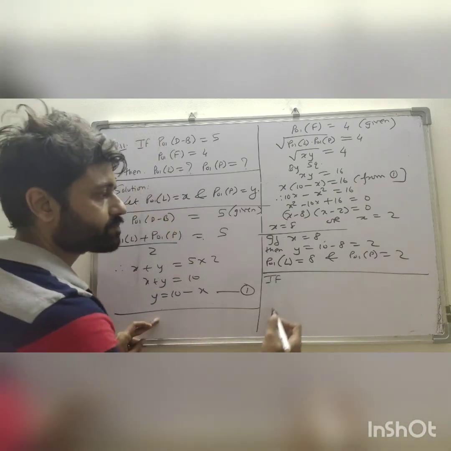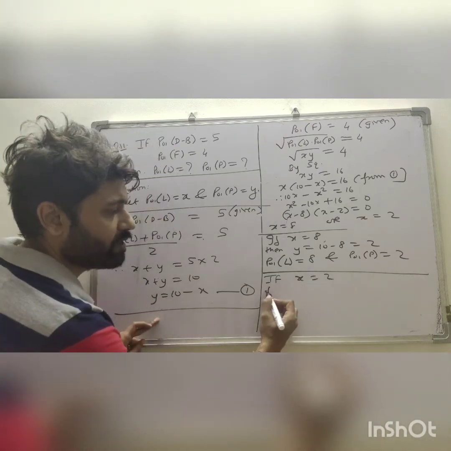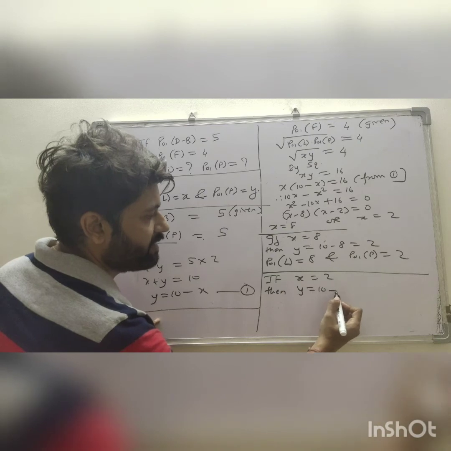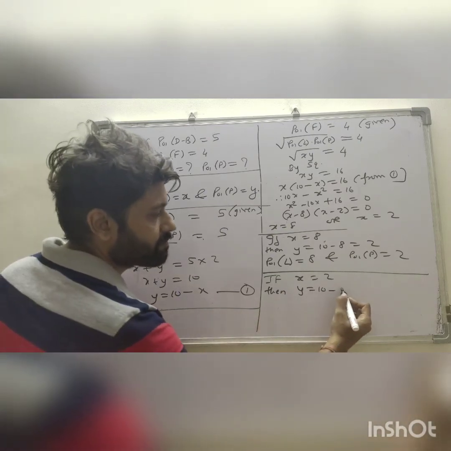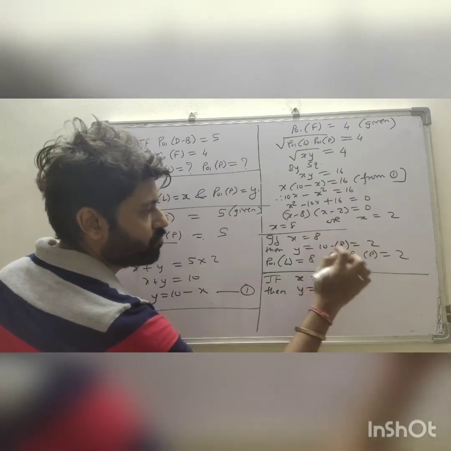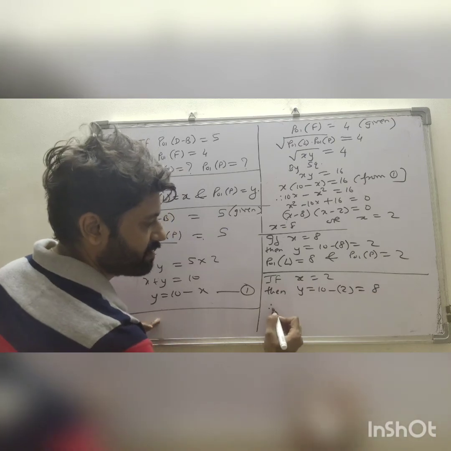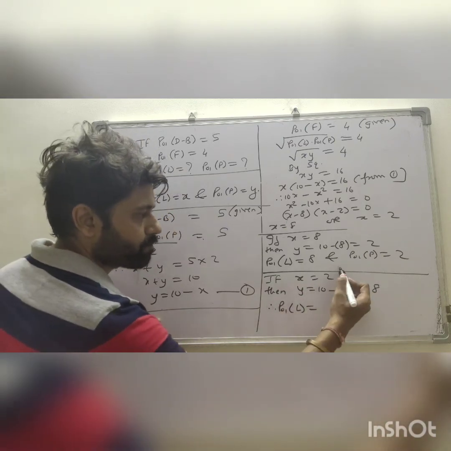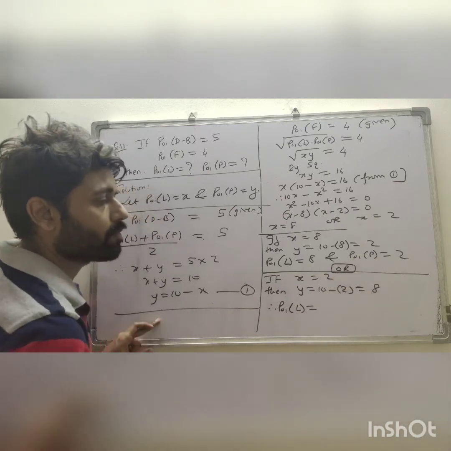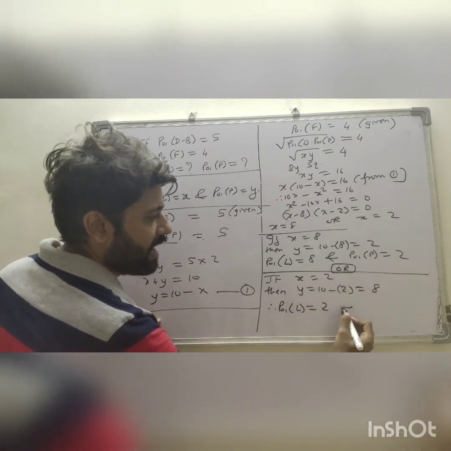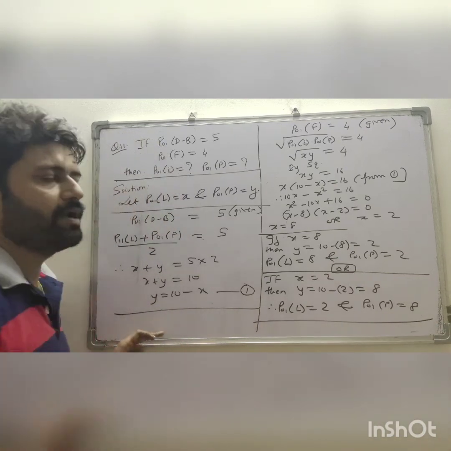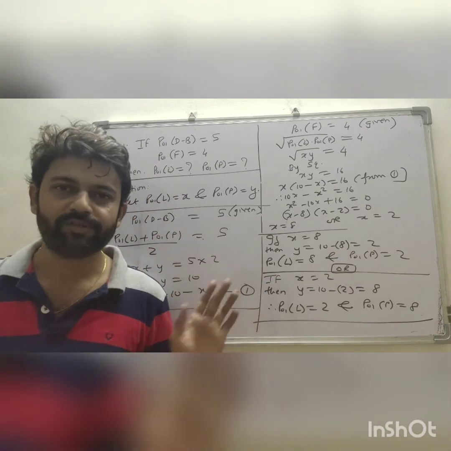If x is equal to 2, then y will be equal to 10 minus x, that is 10 minus 2 is equal to 8. In such case, Laspeyres will be 2 and Paasche's will be 8. So the answer is 2, 8, 8, 2, whatever you say.